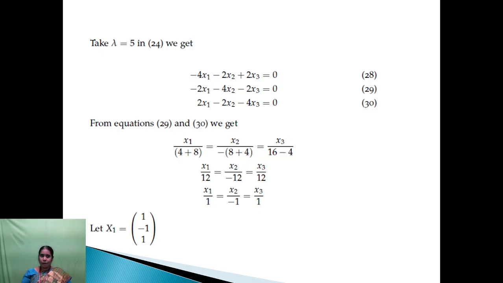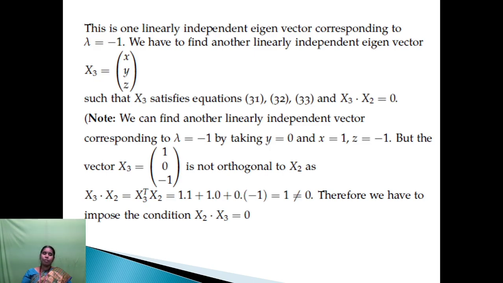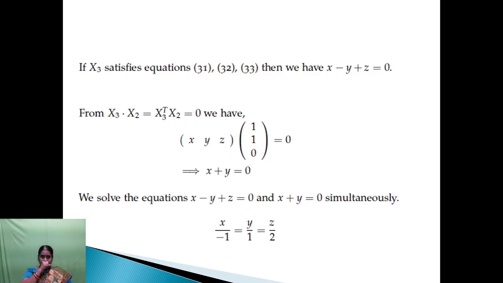In the same way, we replace lambda by -1 and substitute in 24, and we get three equations. On solving them, we obtain the equation as this and find the eigenvector as 1, 1, 0. We now have two eigenvectors. To find the third one, x3 must be orthogonal to x1 and x2, so x3 transpose into x1 equals 0 and x3 transpose into x2 equals 0.